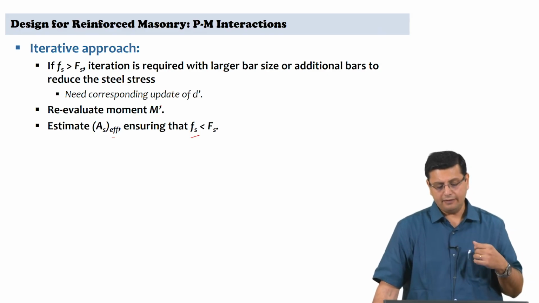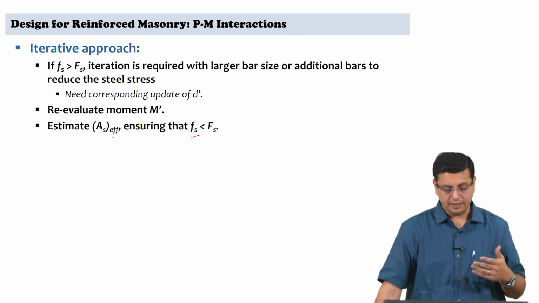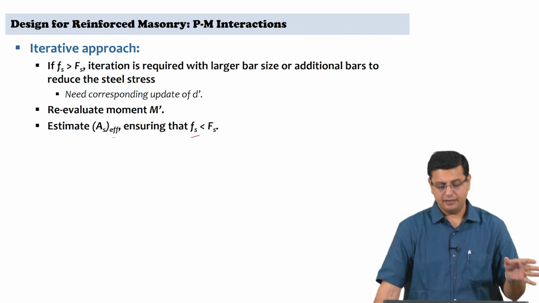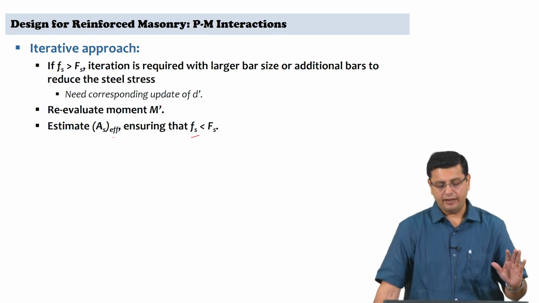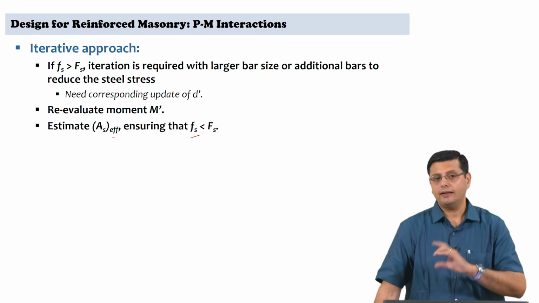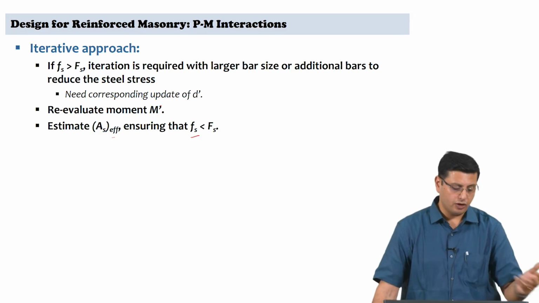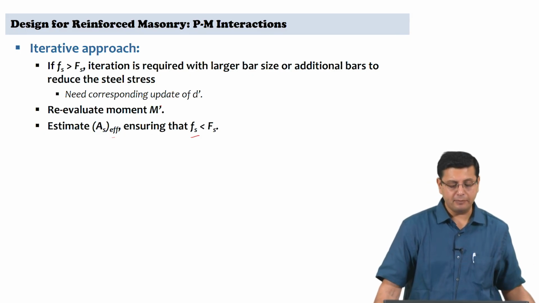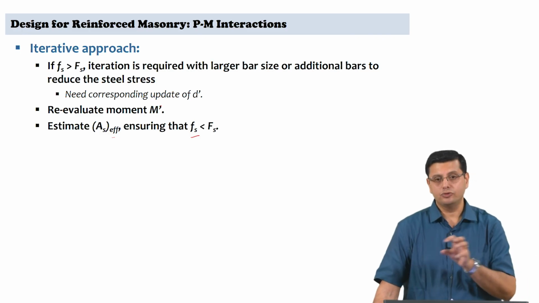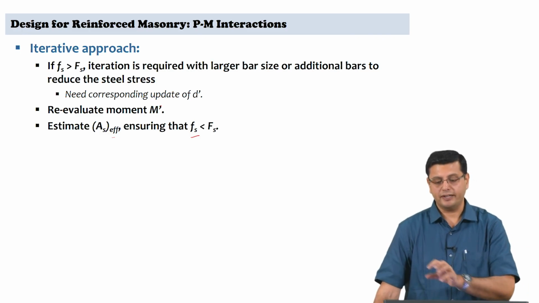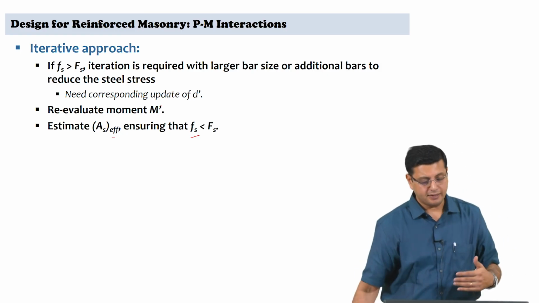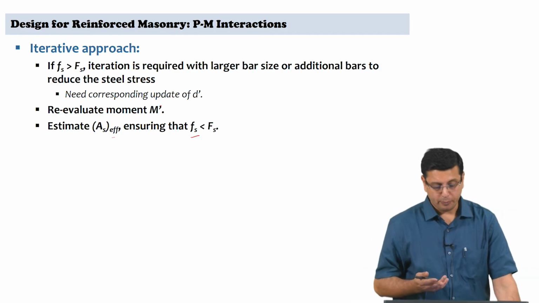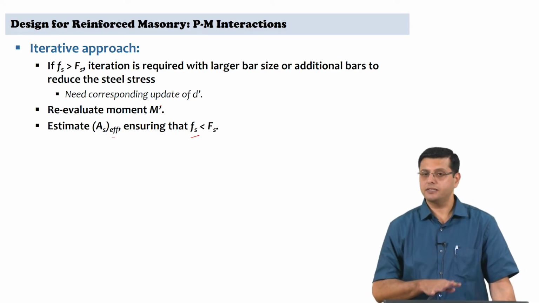The second approach, which we will discuss subsequently, actually identifies explicitly in which zone you are, and then uses a non-dimensional parameter M by PD to estimate what expression you should use to check how much steel is required for the interaction, the PM load combination itself. So, this is the first iterative approach.